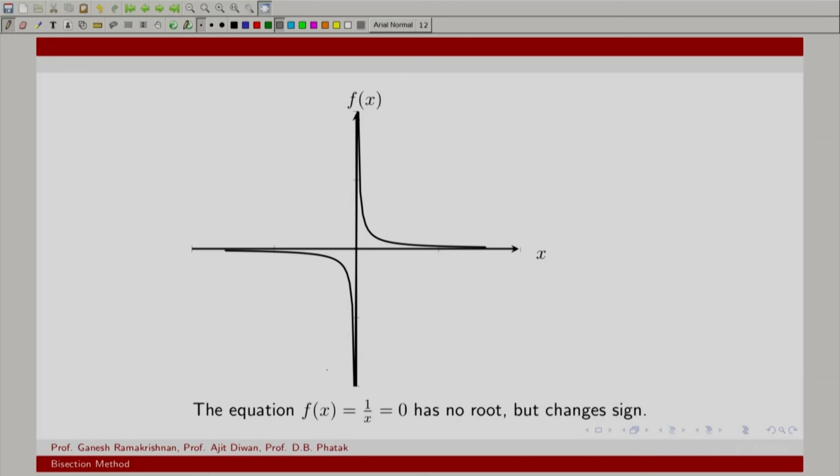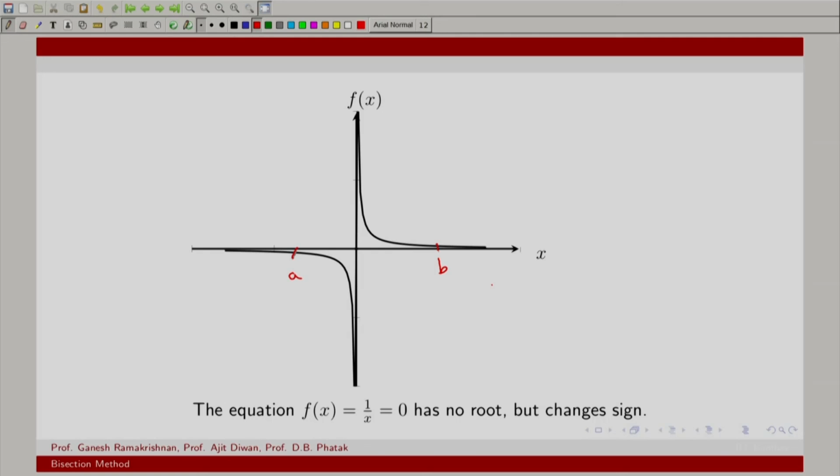The equation f(x) equals 1 upon x has no root, but it is interesting that it just changed sign. So just because you change the sign as you go from, say, a potential point A here to potential point B here, you are going to search for a midpoint and shrink your interval, but you realize that unless you move away from the interval AB, you won't get to the root.